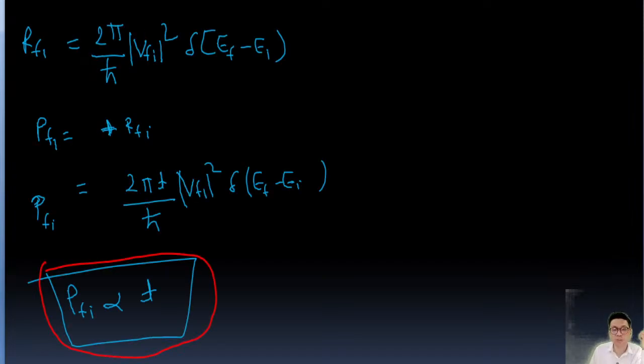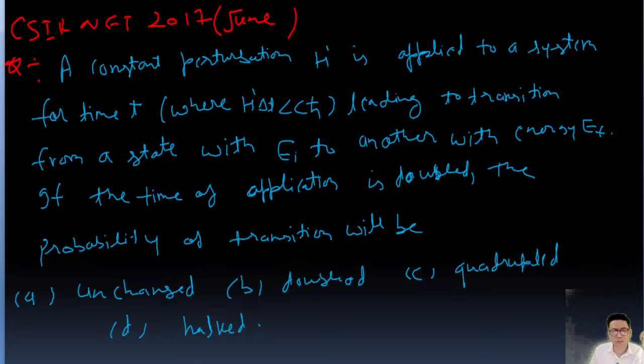So we know the transition probability PFI is proportional to T square, right? This we know.